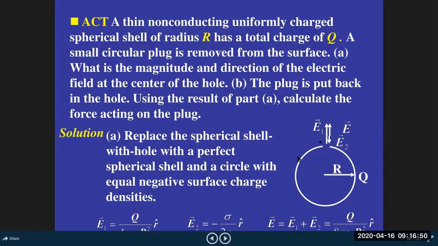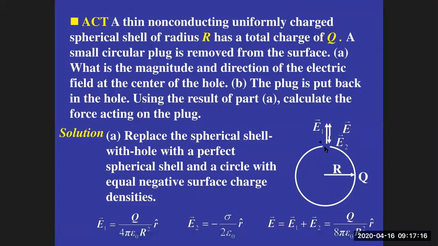So remember, when this part was removed, then the net electric field at this point was non-zero. So when that charged circular disk is brought near this non-zero electric field, it is repelled.